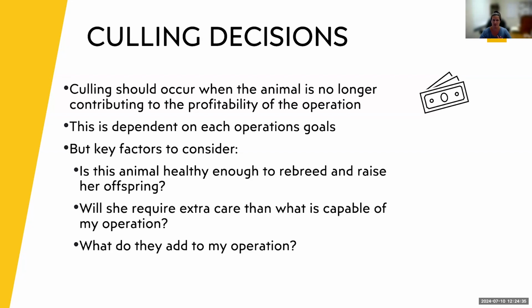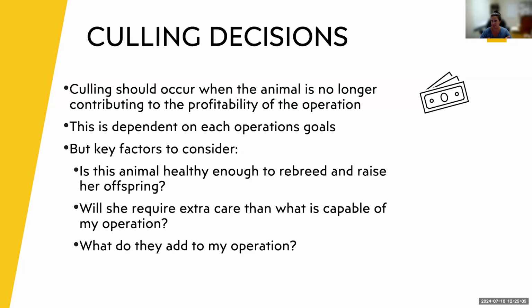But some key factors to consider there are, is the animal healthy enough to rebreed and raise their offspring? Obviously, if they can't get rebred or raise lambs or kids, they're not going to be a part of your herd anymore. And so you have to decide if you're going to process them locally for meat, or if you're going to sell them in some other facet. But that's usually the time for most people that they move on. Also think, will that animal require extra care?